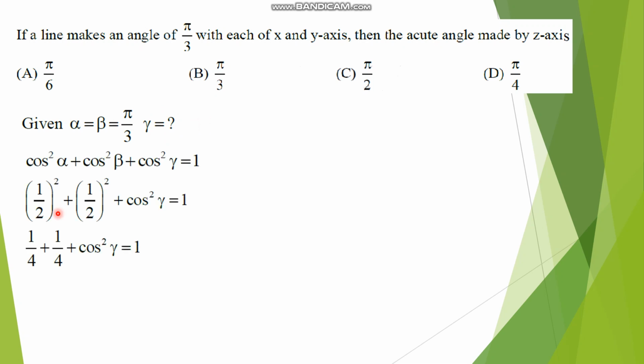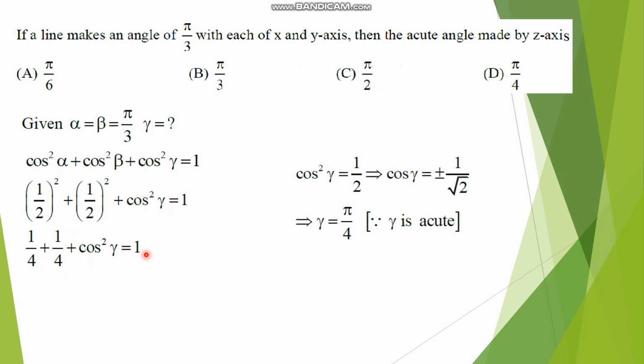Now we have a formula which says cos square alpha plus cos square beta plus cos square gamma is equal to 1, and when you substitute the values, we end up with 1 by 4 plus 1 by 4 plus cos square gamma equals 1. Simplifying further, cos square gamma is equal to 1 by 2, or cos gamma is plus or minus 1 by root 2.